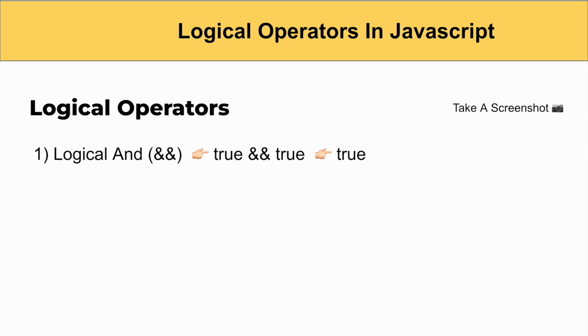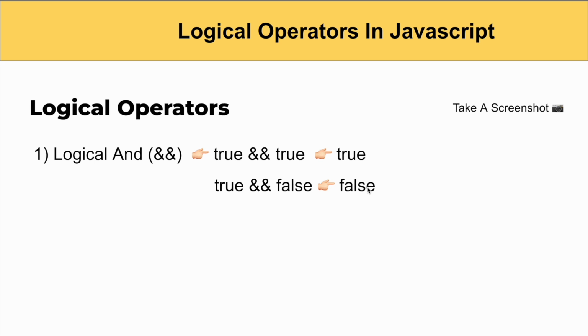I'm repeating this again and again so that it gets etched in your mind: if both the conditions are true, only then the expression will evaluate to true in the case of logical AND. And if one of the conditions is false, let's say it is raining heavily, raining is true, but you don't have an umbrella at home, will you go outside? No, you won't.